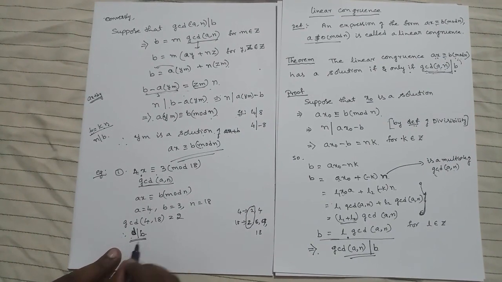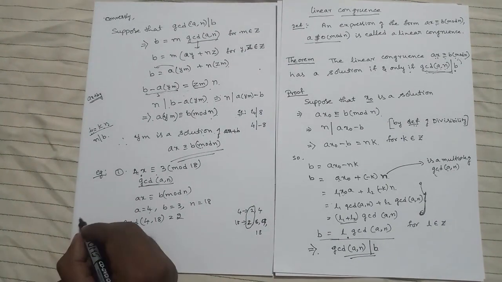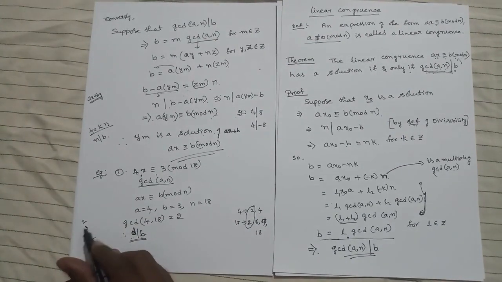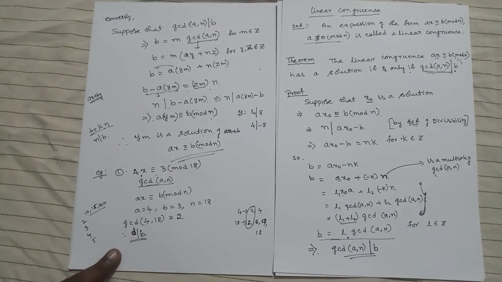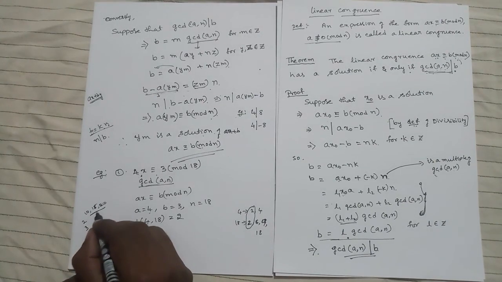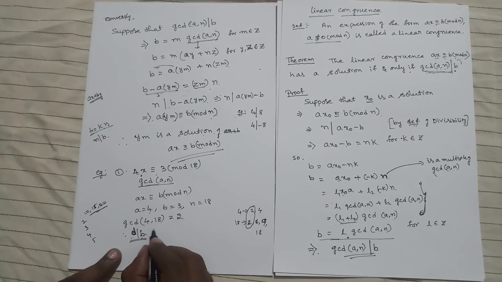When d divides b, you will get a complete integer. Complete integer means 2, 3, 4, 5, like that, if you get 10, 15, 20. So only integers, no fractions, only round numbers. Right? So what do you get here?